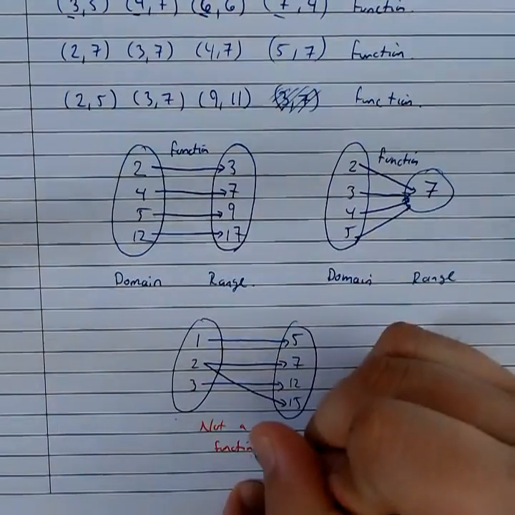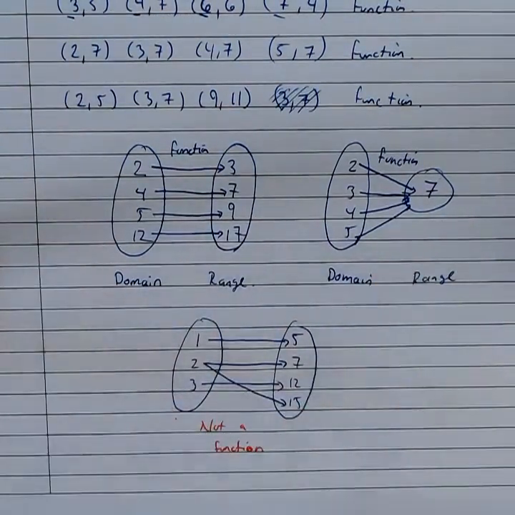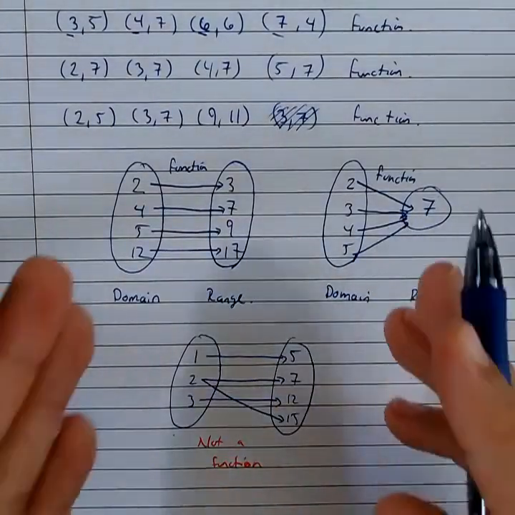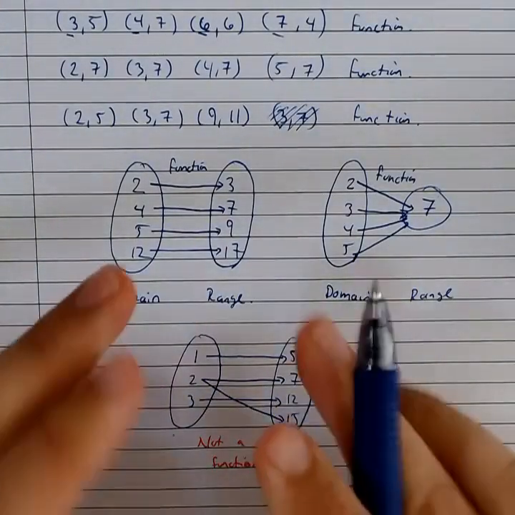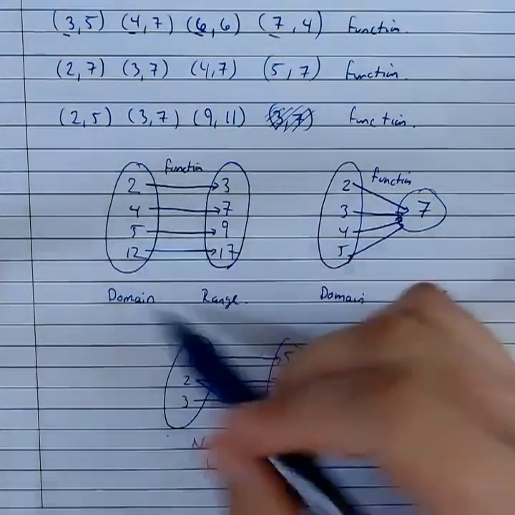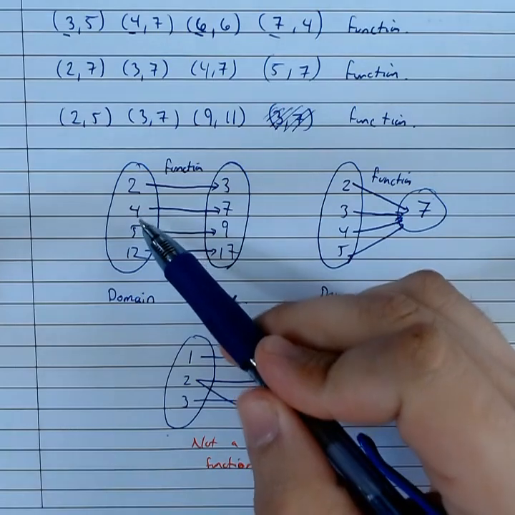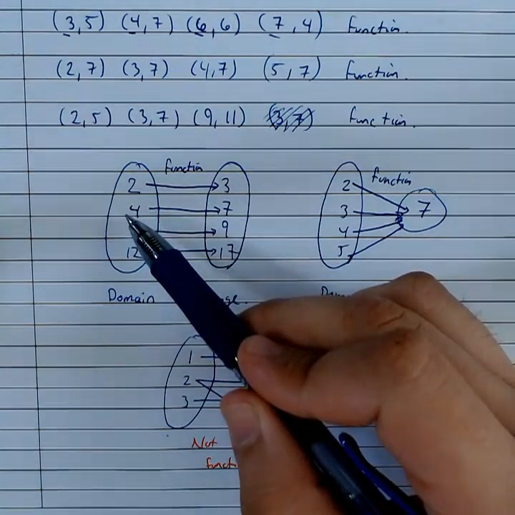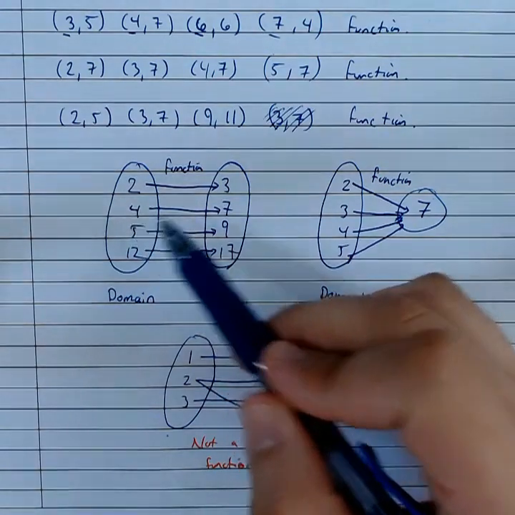Well, how is this one different from that one? Let's see. If we just have this picture, and this picture, and this picture. If I ask you, looking at this picture, let's say my first entry is the number 4, what's the second entry? Well, there's only one right answer.